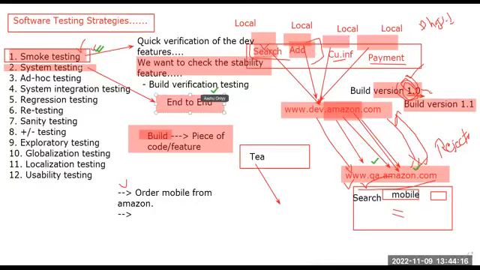To perform system testing, some documents are required. Remember that we need to prepare some documents as a test engineer. What those documents are, we will discuss in future classes. But to perform system testing or end-to-end testing, we need to follow or prepare some documents as QA. Don't worry, we will discuss system testing again in coming classes.